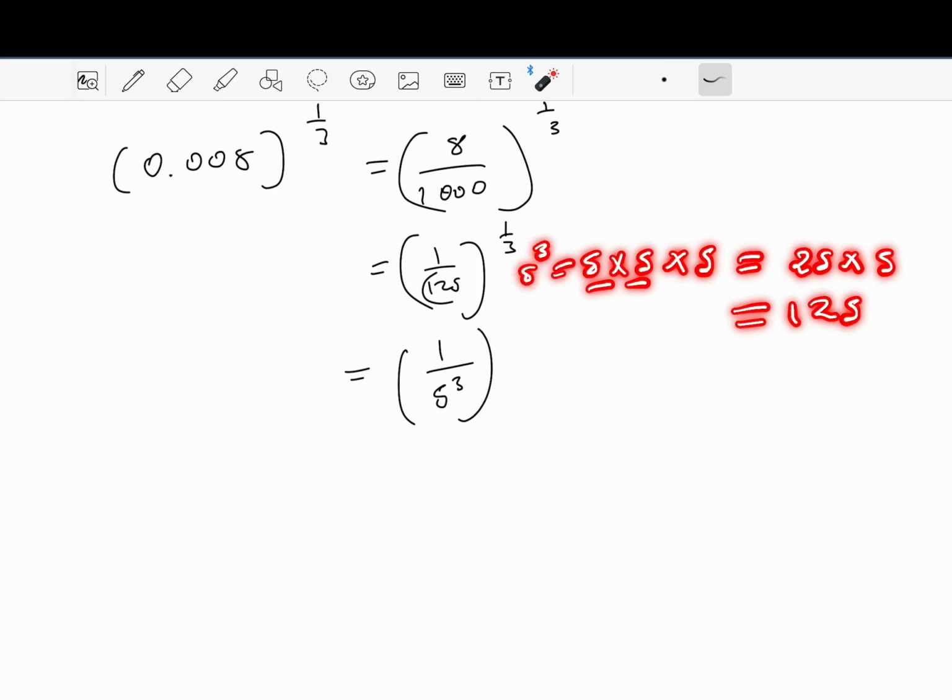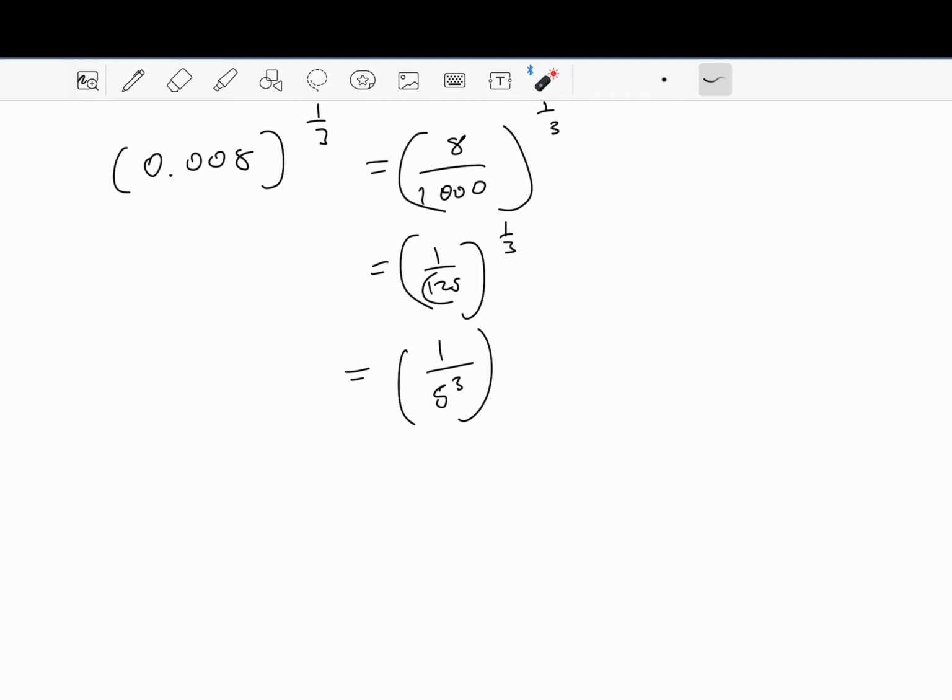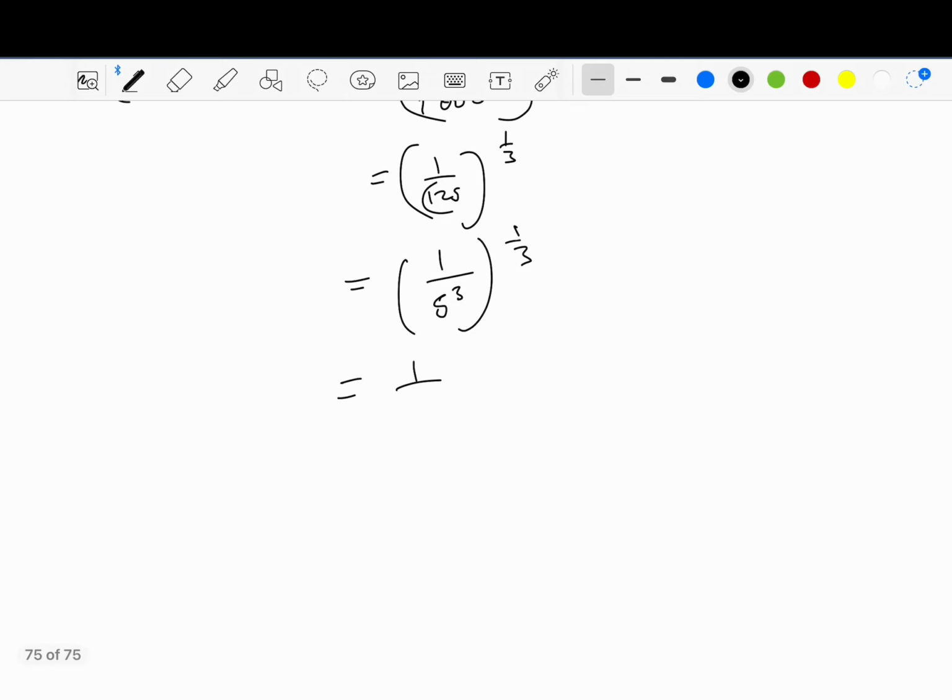So 5 cubed is 5 times 5 times 5, which is 125. So you've got 1 over 5 cubed, to the power of 1 over 3. Remember, we're doing this without using a calculator, so that's a key point.